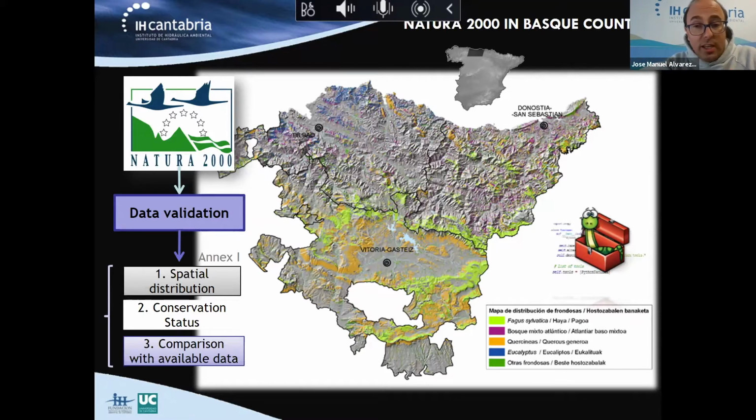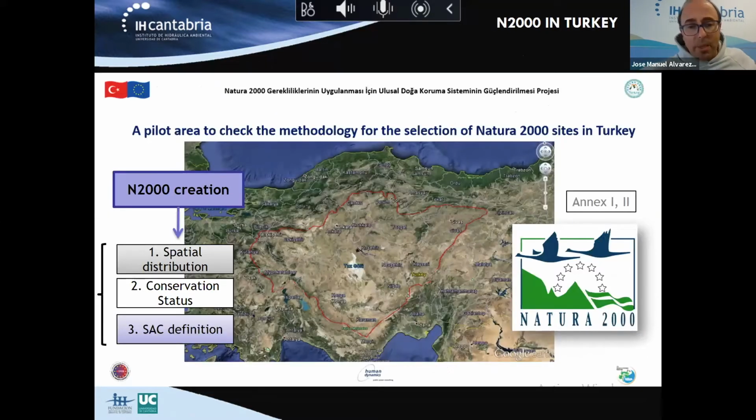We only work with Sentinel and with Landsat for time series, but we have more tools that we will see later. And the big brother of all this, we made a project. I was working with Borja, with Santiago Garcia, and many other people in Turkey during a couple of years, for creating habitat maps for the whole Central Anatolia region, for afterwards making a selection of the Nature 2000 areas on the basis of all the requirements of the Habitats Directive and Birds Directive, put on the table for defining the areas to be protected.